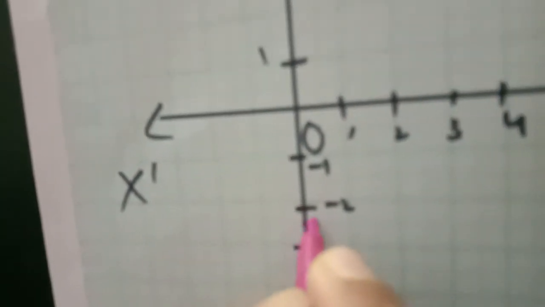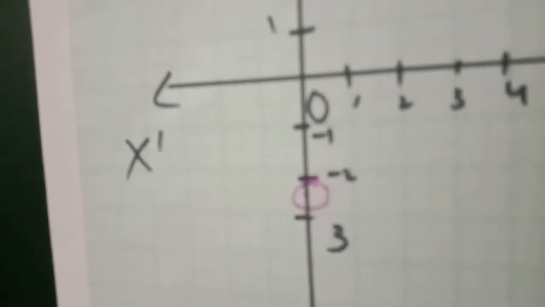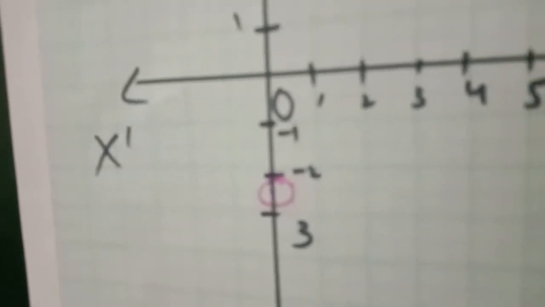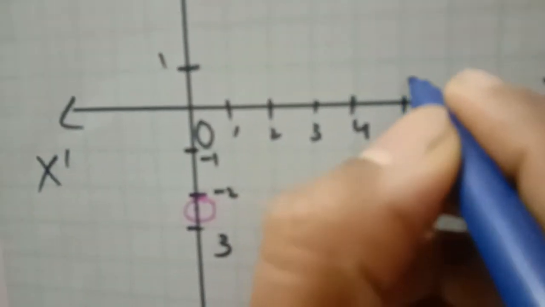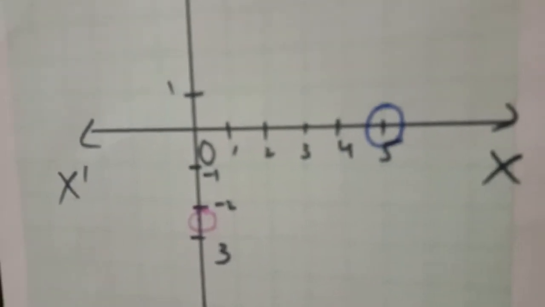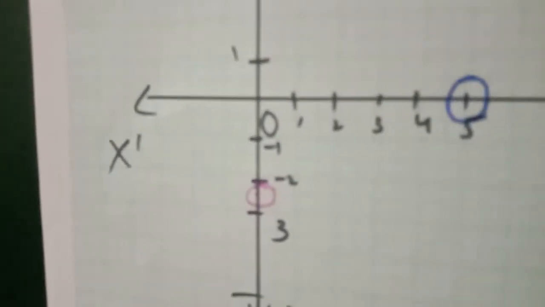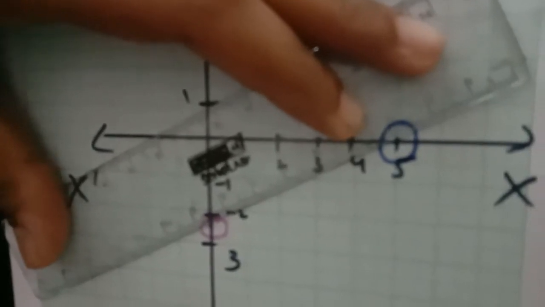This is the point -2.5. Similarly, the next point was 5, 0. X coordinate 5. So 5, 0 will come here only. Yes. Now what we will do? We will draw a line which passes through these 2 points. Always it will be a straight line only. That's why it is called a linear equation.